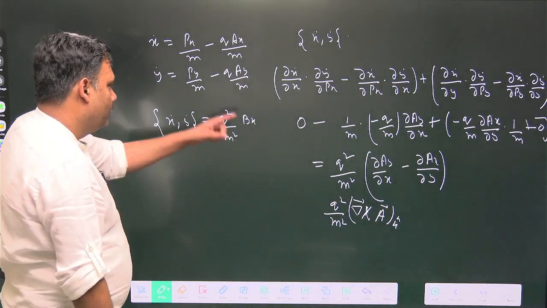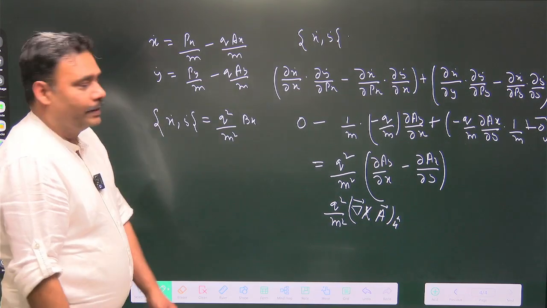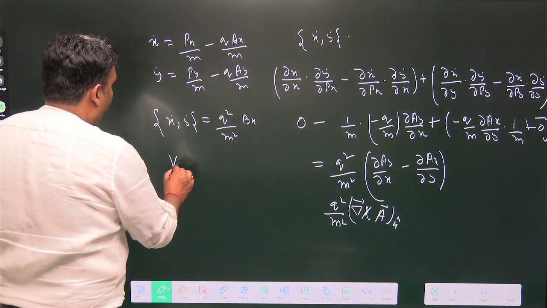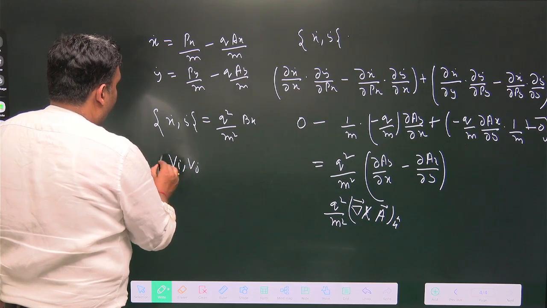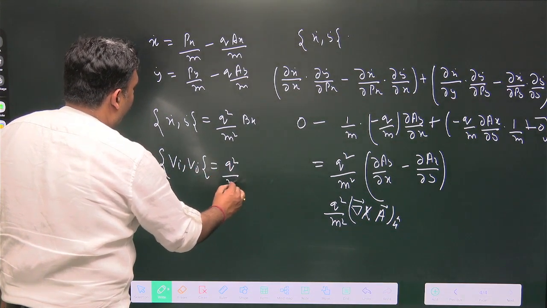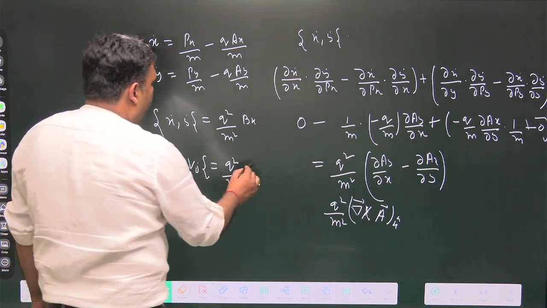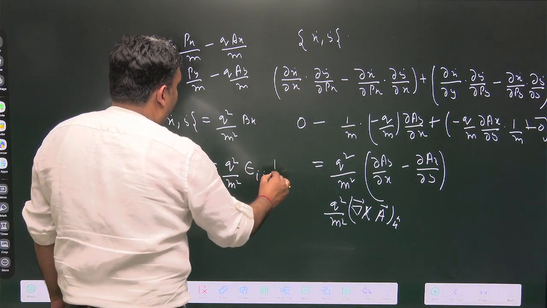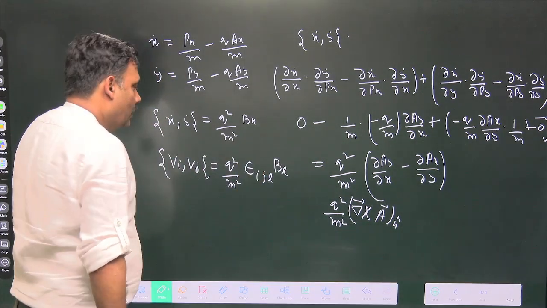Now we will write this whole thing using the Levi-Civita tensor. So how will we write it? It's very interesting. For vi and vj, we get q squared upon m squared times the Levi-Civita tensor epsilon ijl times Bl.